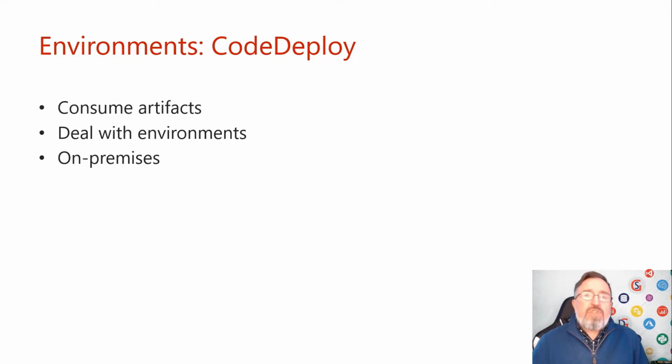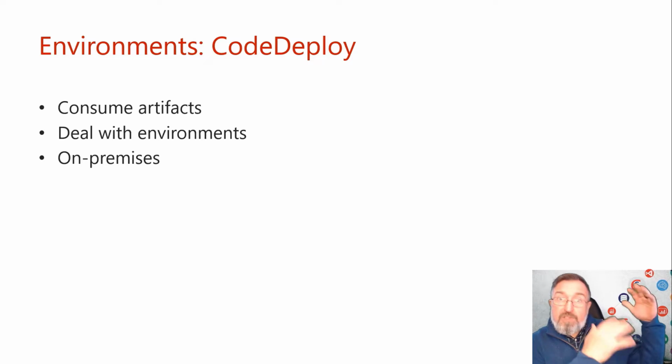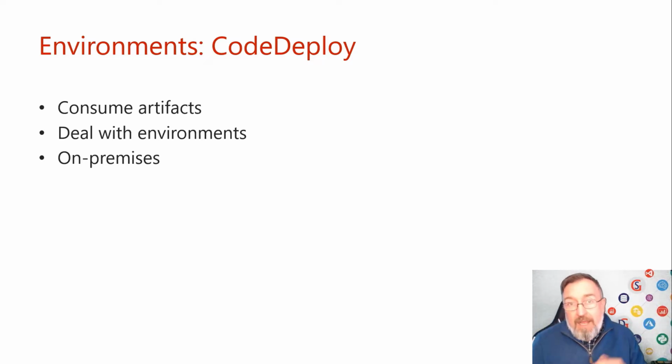But when you have to start moving stuff around to different applications, to different servers, and most importantly, when you need to use this stuff that's all up in the cloud to get it down to your local servers, code deploy is your friend. Code deploy is the tool that's going to make that happen. And we'll walk through exactly how that works too.